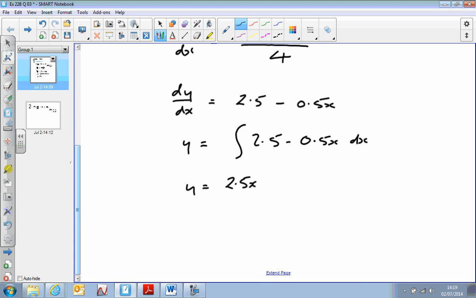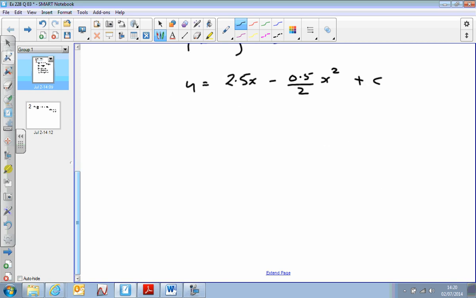And for the second term, add 1 to the power and divide by the new power, I get minus 0.5 over 2 x squared plus c. Tidying up a little bit, y equals 2.5x minus 0.5 divided by 2 is 0.25x squared plus c. So now that's the general solution.